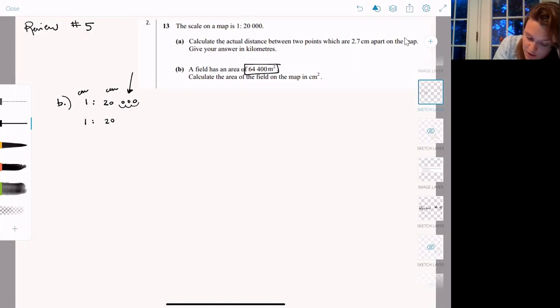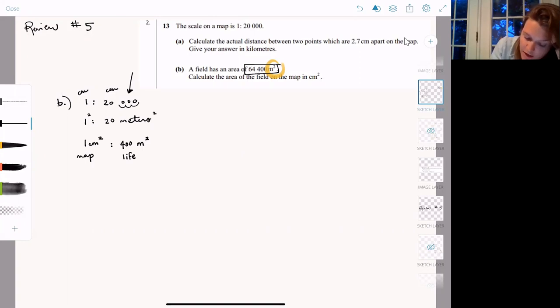So 1 centimeter is 20 meters. But when we're talking about area, it means that I'm going to be squaring both of these because my unit of measurement is meters squared. So 1 centimeter squared on my map is going to have a common ratio with 400 square meters in real life.